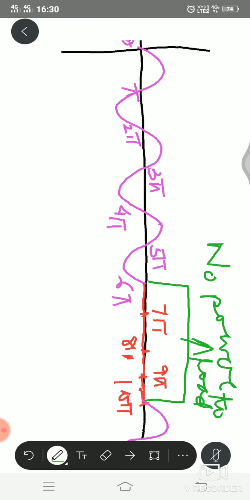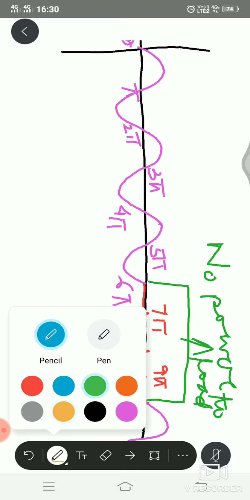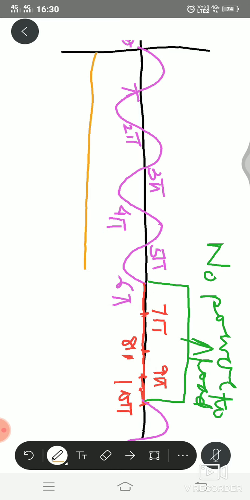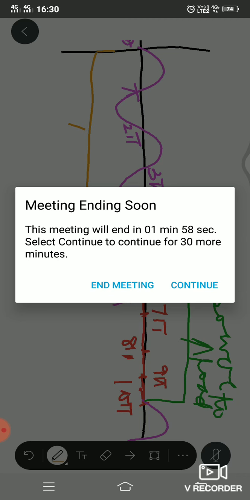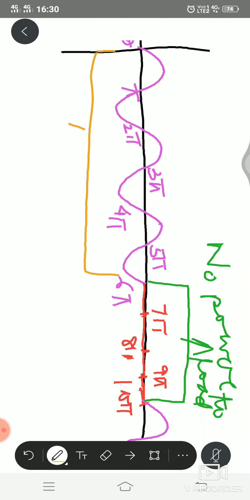So you can mark one thing over here: let us choose this duration as N cycles, and the rest, let us say, is M cycles.